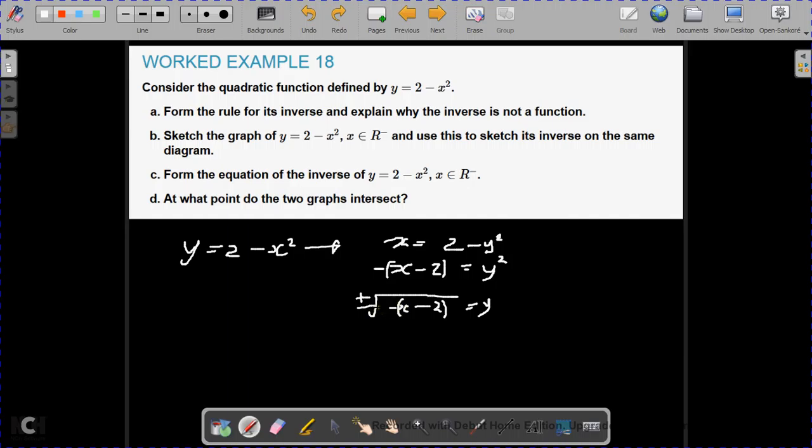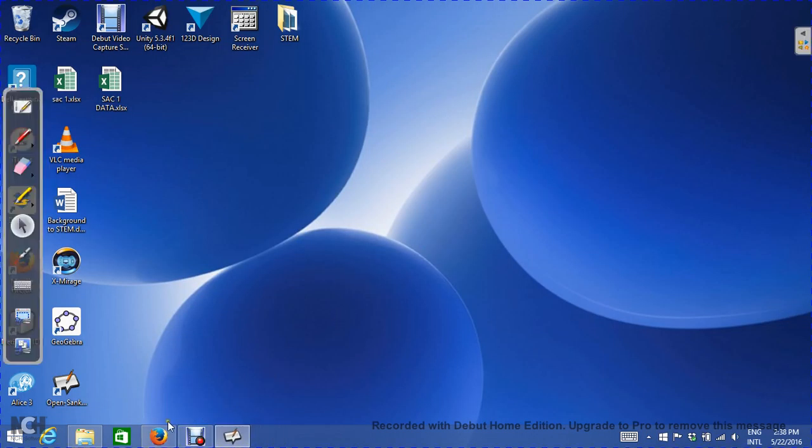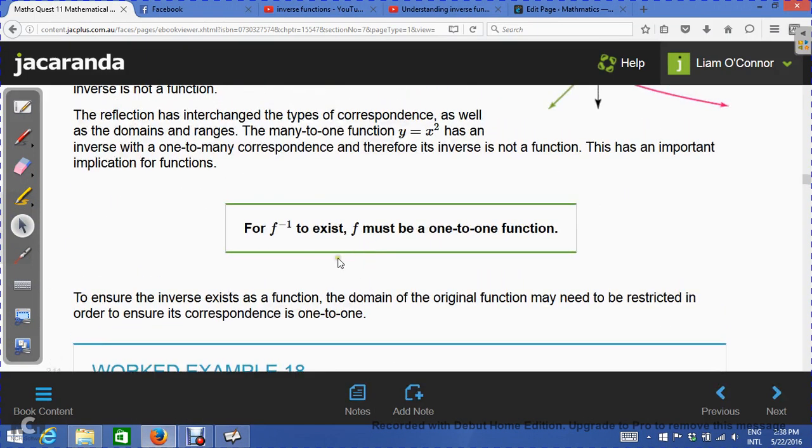Square root of negative 2 doesn't exist. Okay, negative numbers. So minus 2 times, well, minus 2 take 2 is minus 4, negative. Okay, so we can have a possible solution for it, but in terms of explain why the inverse is not a function, if we go back to this one, for f, our inverse function, to exist, f must be a one-to-one function.